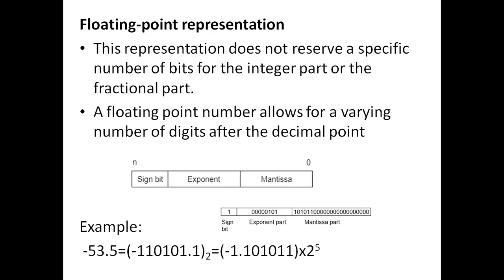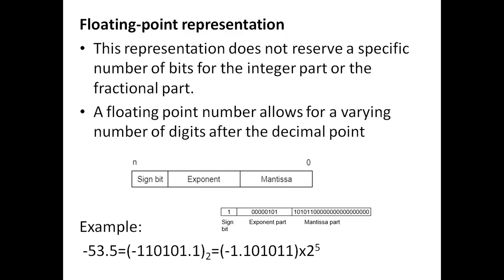Next, floating point representation. In floating point representation, after the decimal point there is no fixed size. That means a floating point number allows a varying number of digits after the decimal point. So after the decimal point the number of values will vary; there is no fixed number followed.